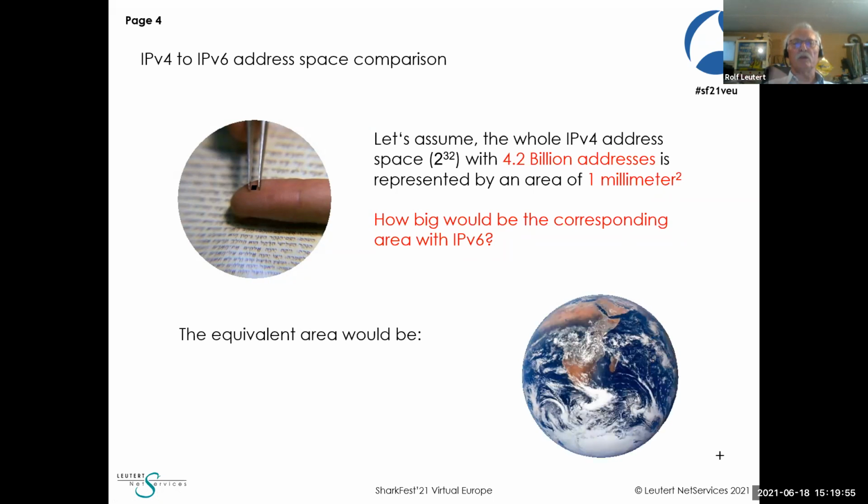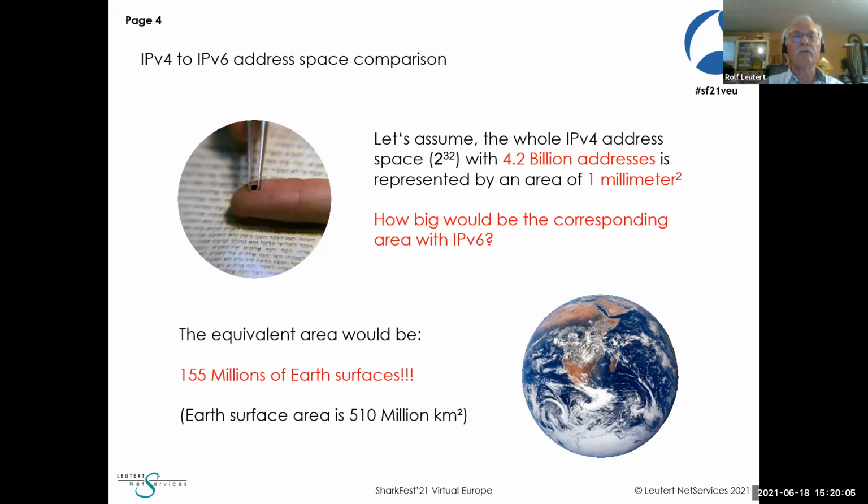You would say it's maybe a football field, or it may be a country, or it may be whatever. It's measured in world surfaces. Unbelievable. We are ending up in 155 millions of Earth surfaces with every square millimeter covered with today's IP address.